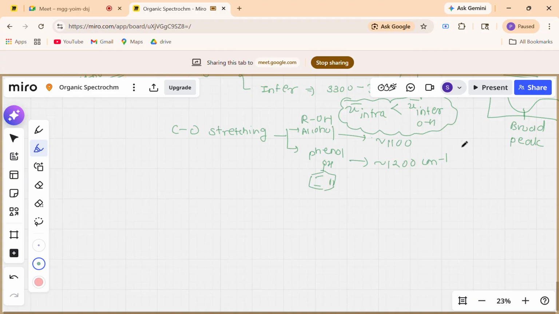Okay, because there will be double bond character here, right? The carbon we are considering is sp2 hybridized, whereas in alcohol that will be sp3 hybridized.